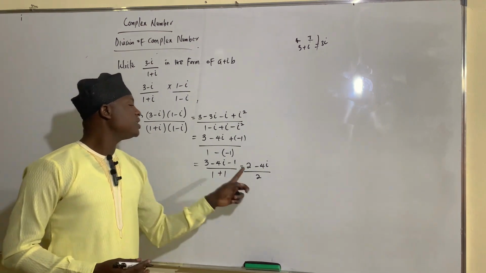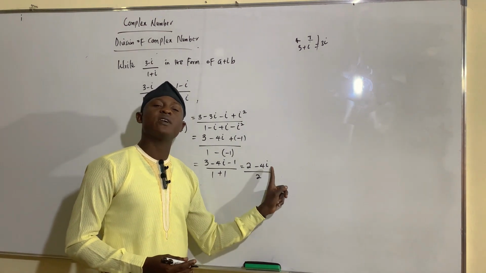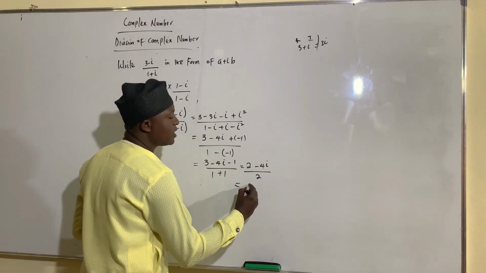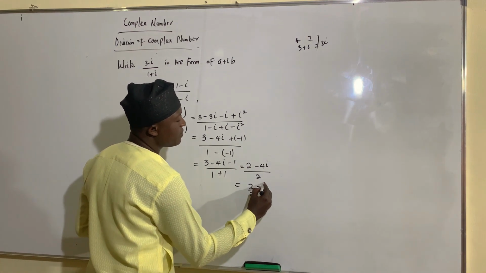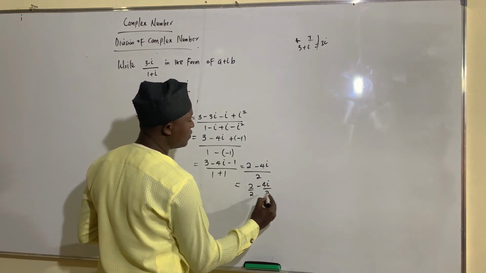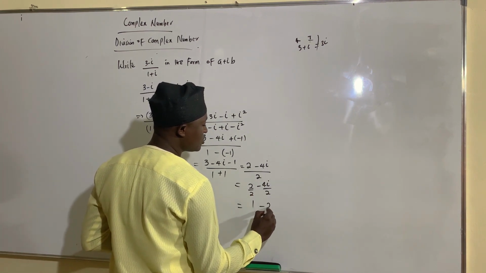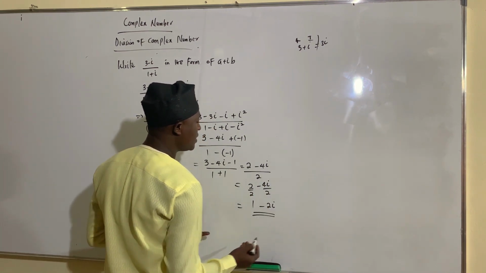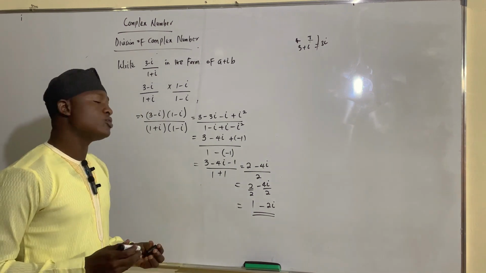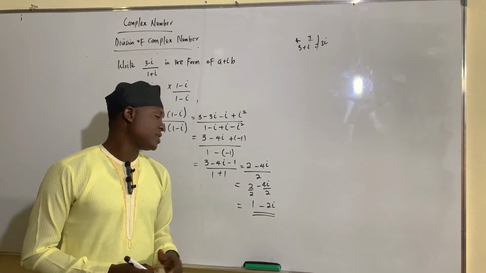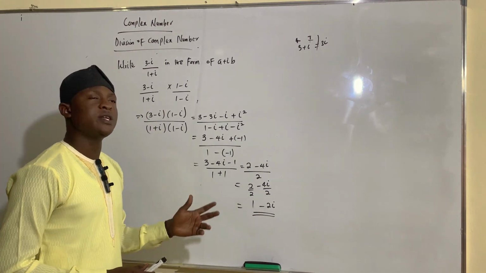As I told you, we divide the first number and we also divide the second number, meaning 2 over 2 minus 4i over 2. So 2 over 2 gives us 1, then the other one gives us 2i. Our real part here is going to be 1, and our imaginary part is going to be minus 2.